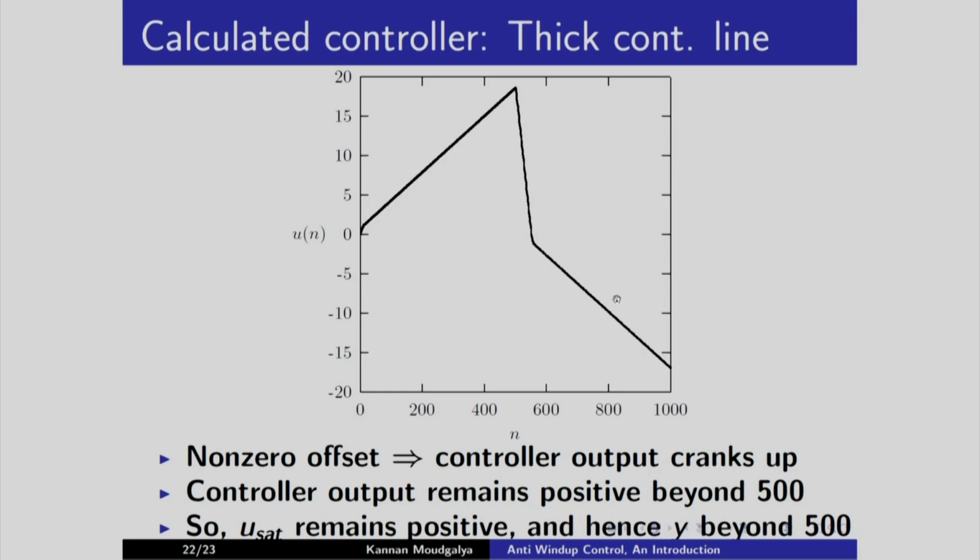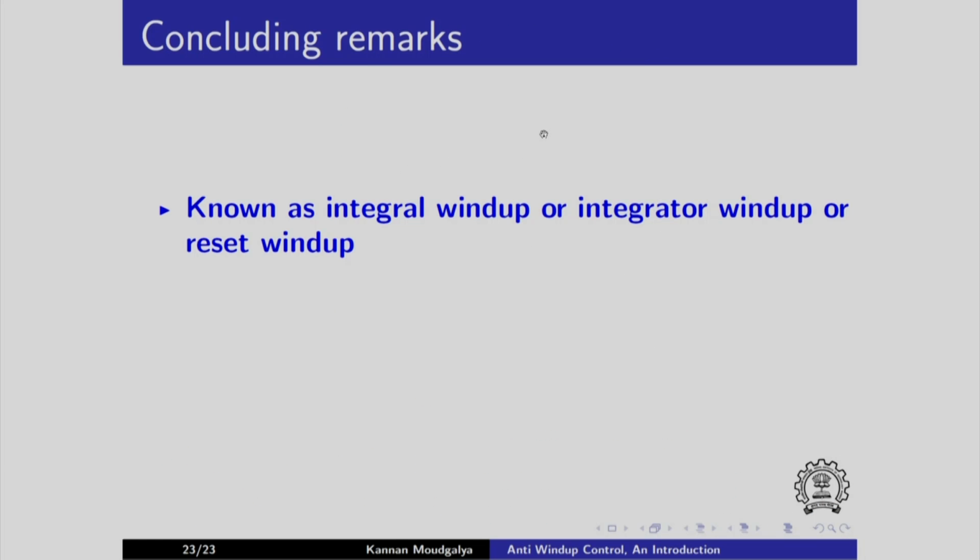One problem is that the controller does not produce offset free tracking, that is, the plant output does not reach the set point. More importantly, it is at a positive value when it is supposed to be negative, which is even more serious. We will conclude this video with these remarks.